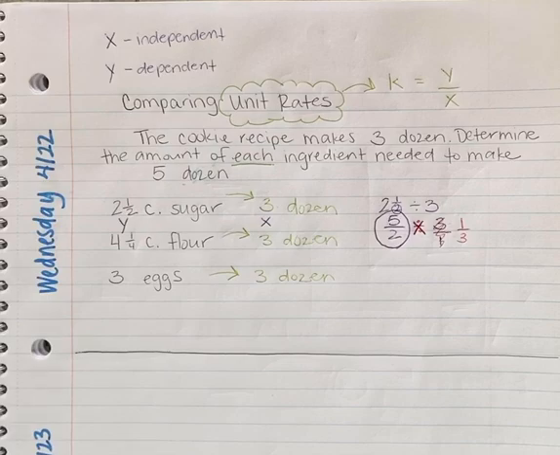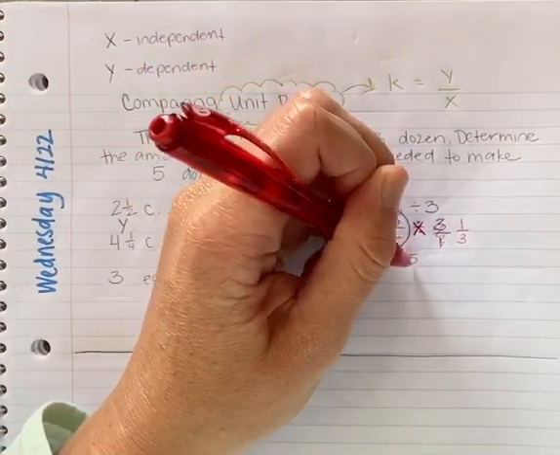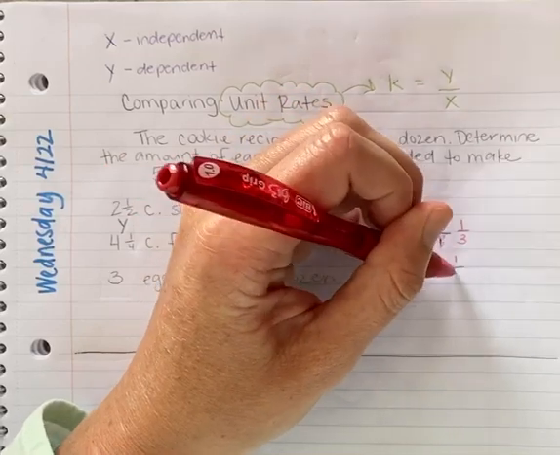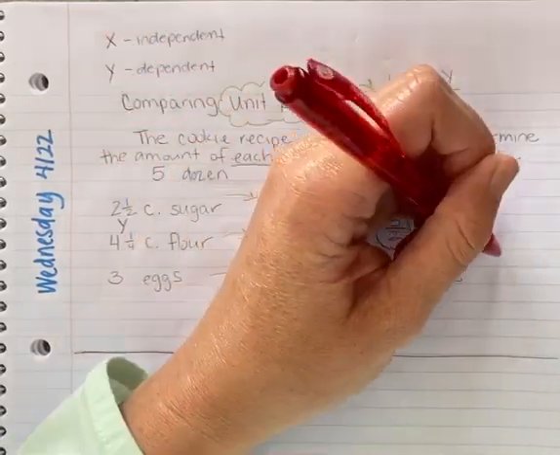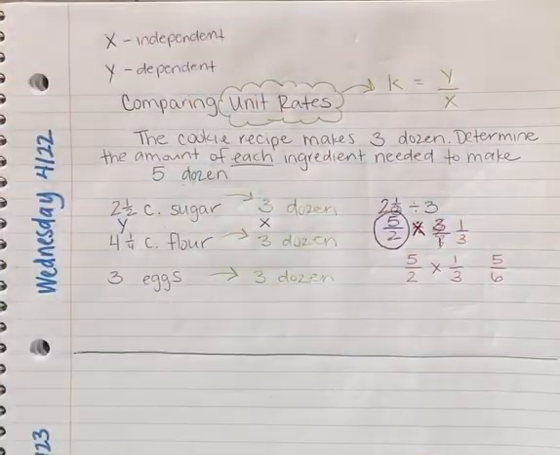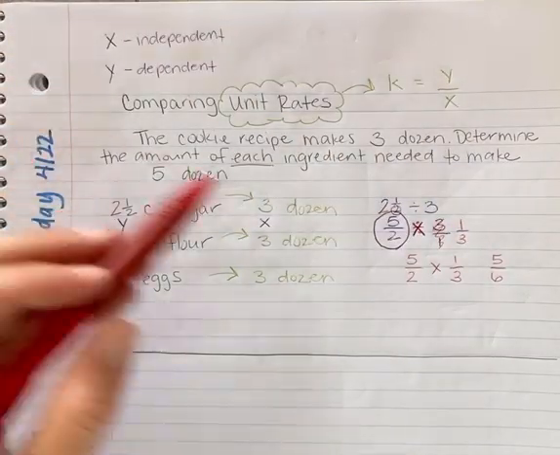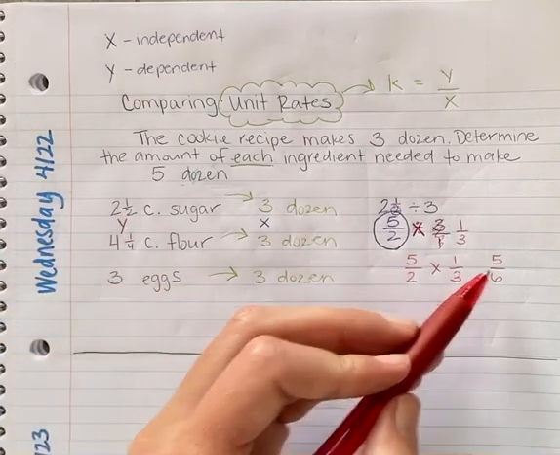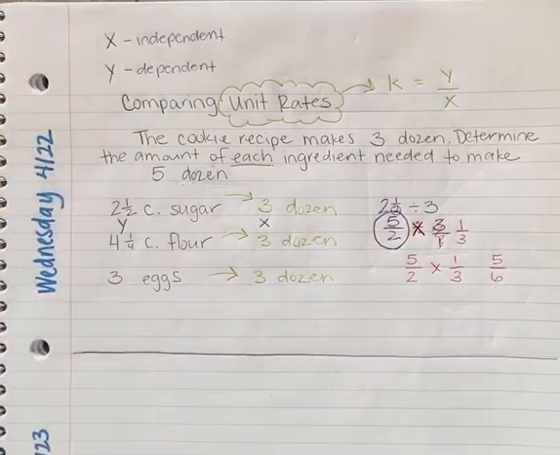So it's a little messy. We have 5 over 2 times, we flip 3 over 1 to 1 over 3. This becomes 5 times 1 is 5. 2 times 3 is 6. So in order to make 1 dozen cookies, I would need 5/6 cup of sugar.